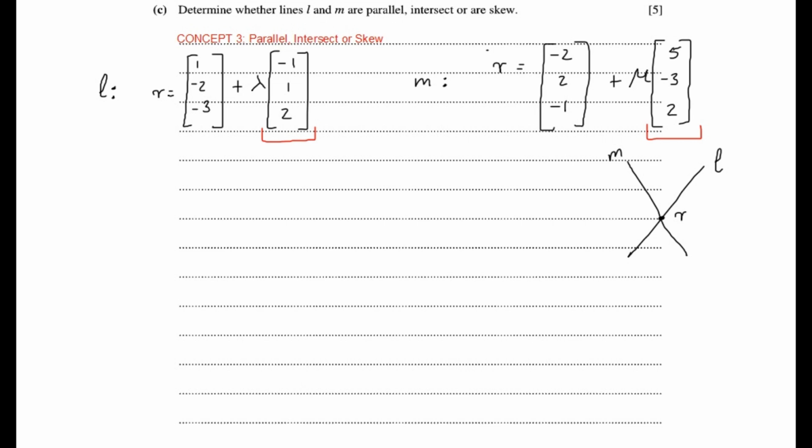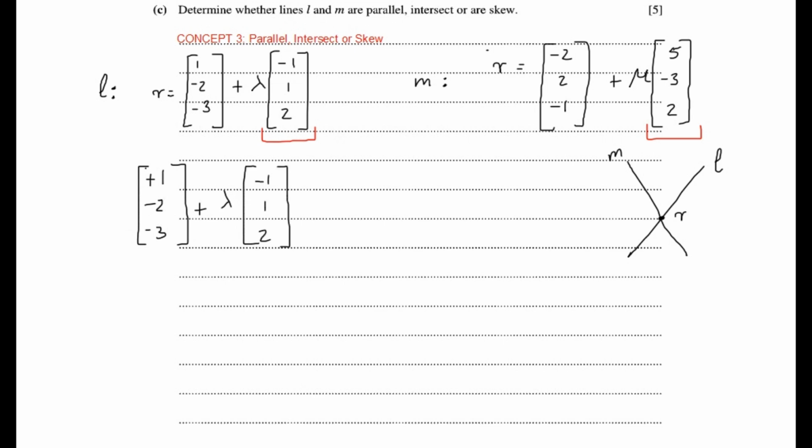So if the two lines have a common point, that point is R, and therefore we just equate the two vectors. So (1, -2, -3) plus lambda (-1, 1, 2).